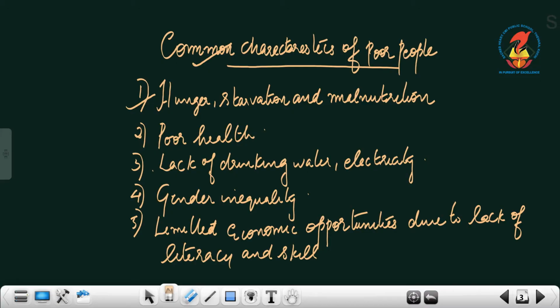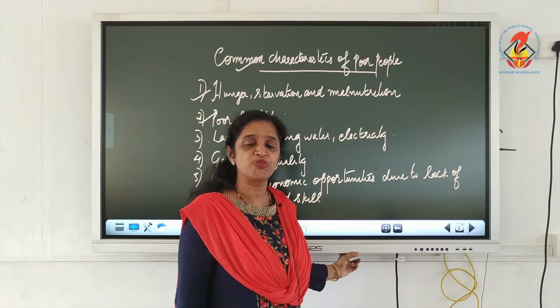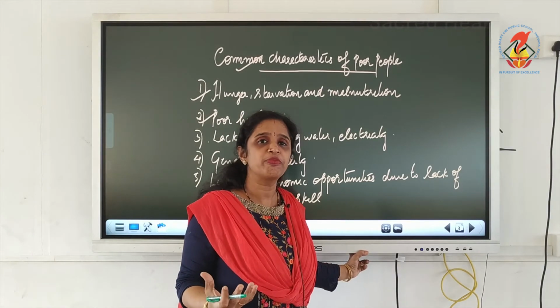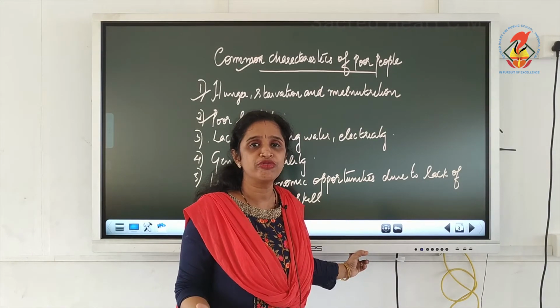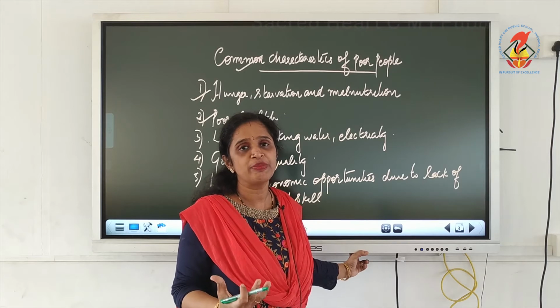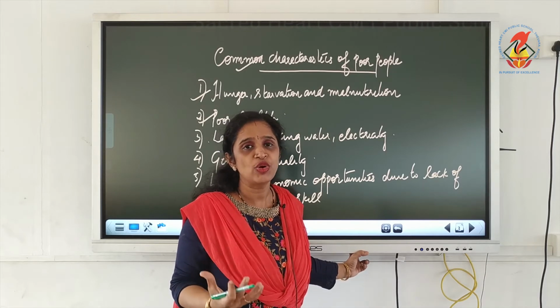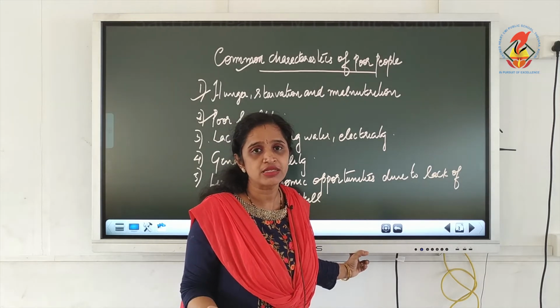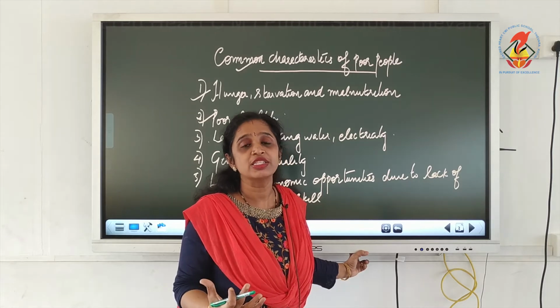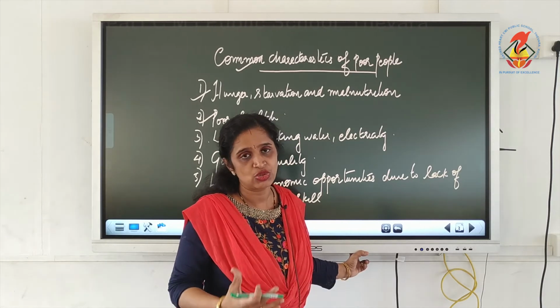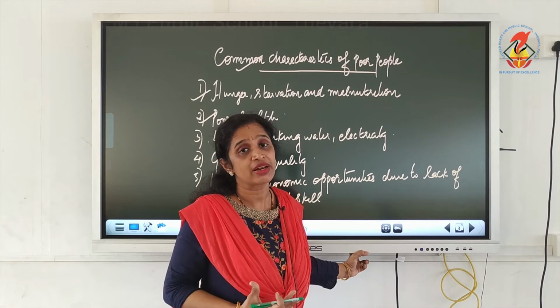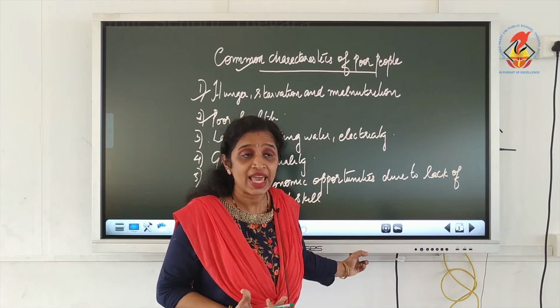Now, point number 2, poor health. That can be connected to the first point. As he is not getting the required amount of food, his health condition will be poor, and he is not getting proper medical facilities. All these are the reasons for poor health.